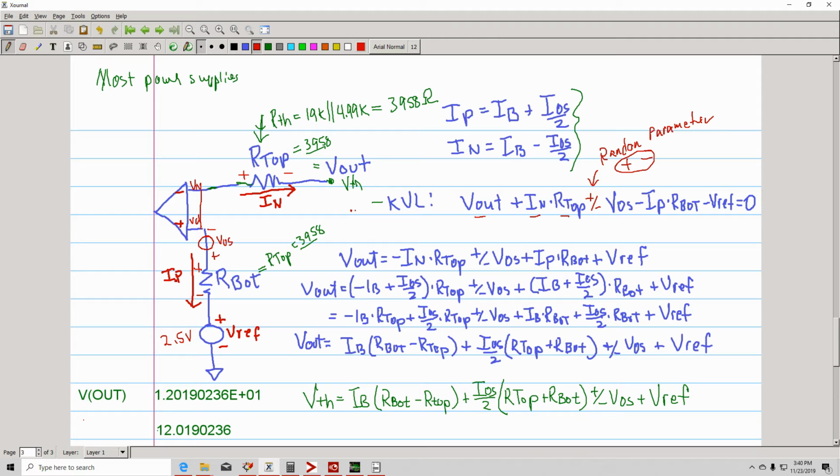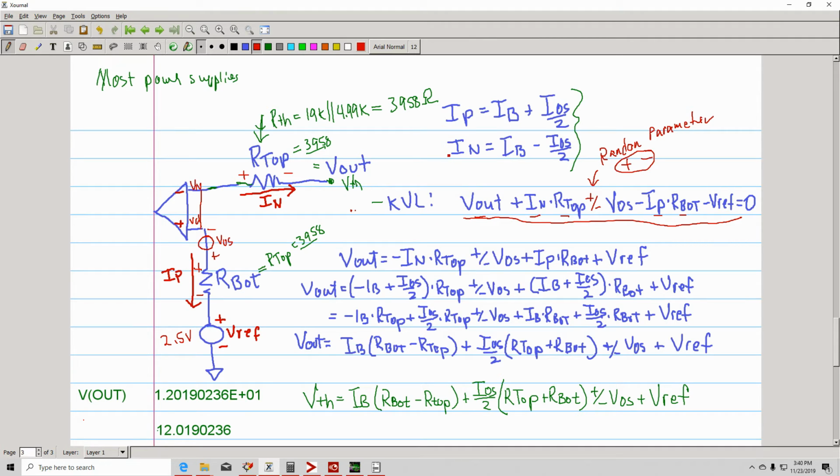Then this is negative IP times R, which is right there, and then negative V ref, equals 0. Okay, so this is your KVL equation.